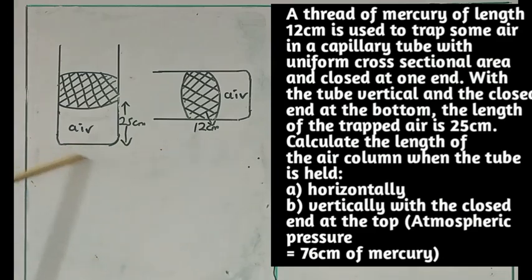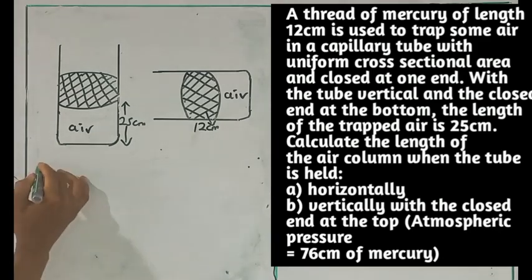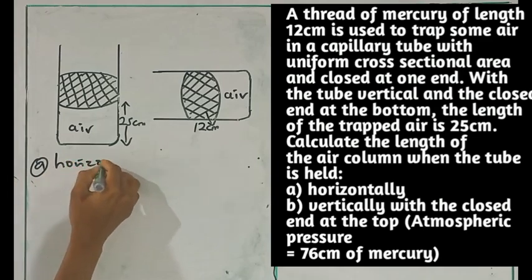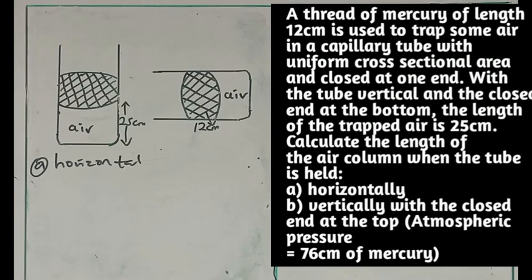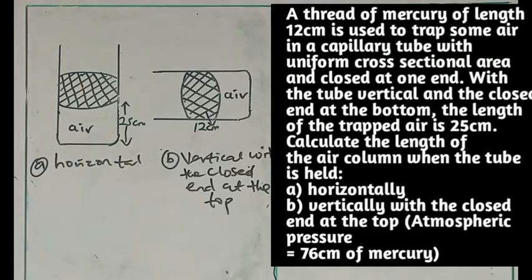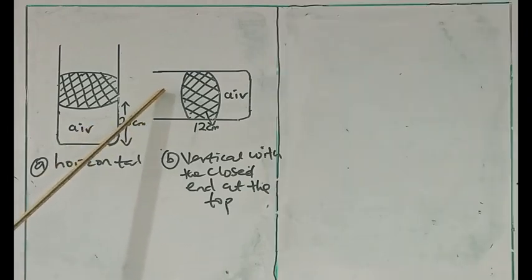The length of the trapped air is 25 cm. Calculate the length of the air column when the tube is held A, horizontal, and B, vertical with the closed end at the top.